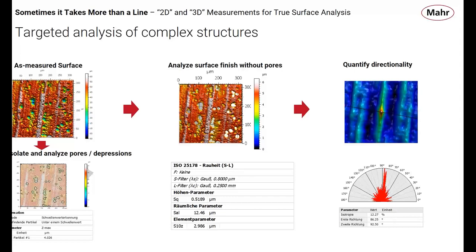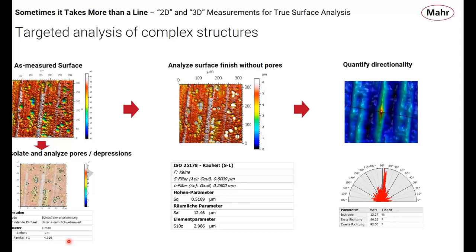And what the software has done, it has assigned a number to each one of these low spots, these dents or pores, and in this case, it has calculated the maximum height of each of those pores relative to the mean plane. And it's showing the result for one of those pores. It refers to a particle, but it means that pore. So it's 4 microns deep.